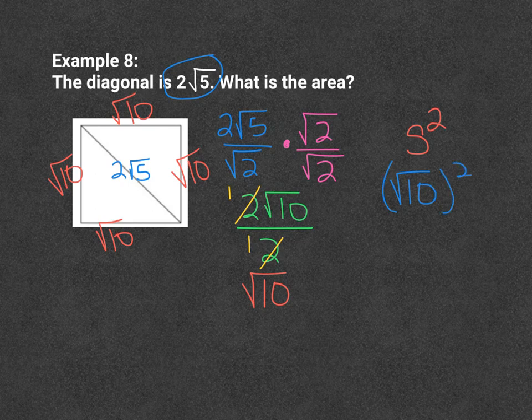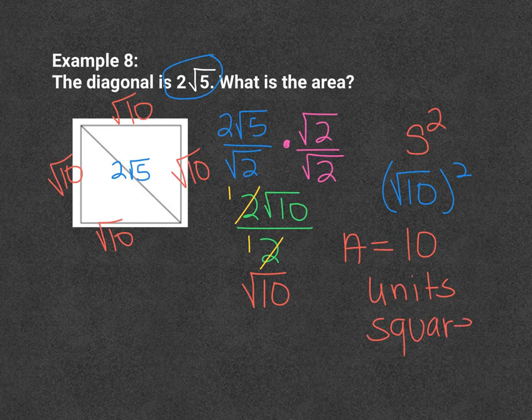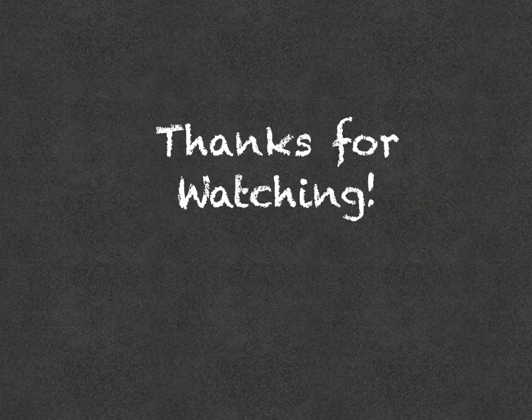So root 10 times root 10 will give me root 100. The square root of 100 is 10. So that means the area of the square is 10 units squared. And that's how you solve for 45, 45, 90 special right triangles.